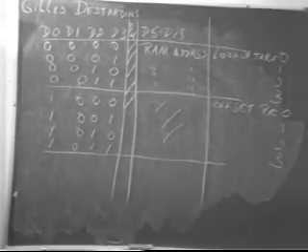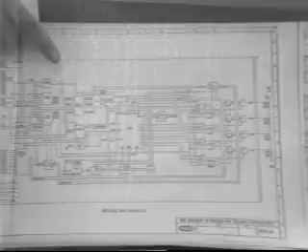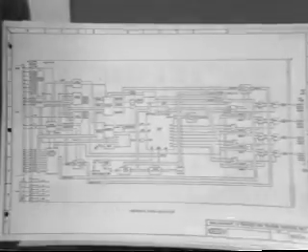Okay, if I use this block diagram, you'll be able to see it better. On the offset register, D4 to D15 for the offset register.